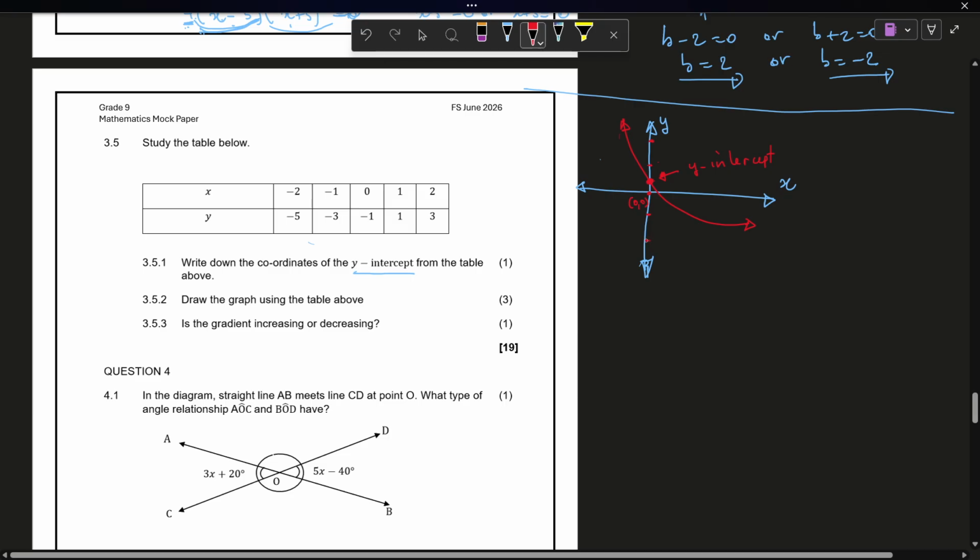You have another point here, which will be 0, negative 1. This will be 0, negative 2. And this one will be 0, 1. This will be 0, 2, and so on. So what you can pick up is that all the points on the y-axis have an x coordinate that is always 0. So whenever you hear y-intercept, it simply means x should be equal to 0.